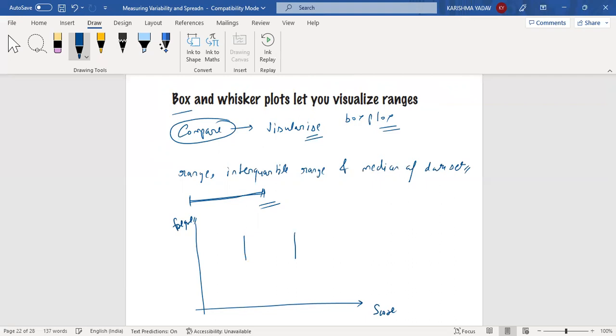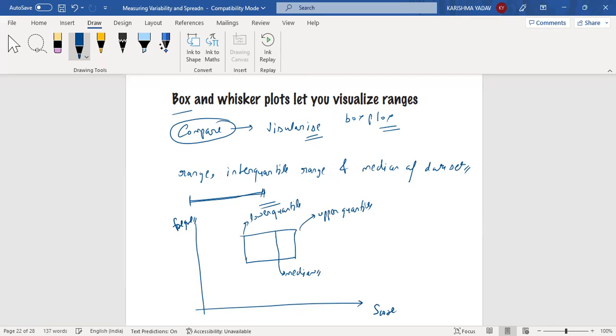So this is the box that I have here. The median is somewhere in between, like this. This is the value for the median. Now this box shows you the extent of the interquartile range.